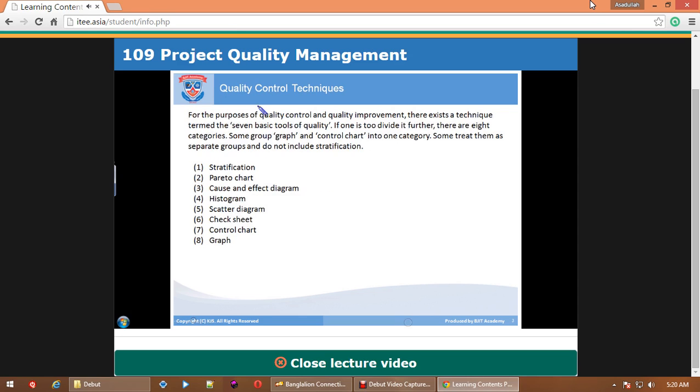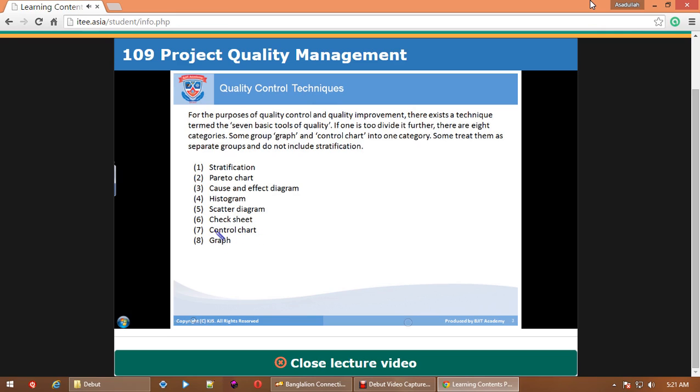Let's first discuss quality control techniques. There are 7 basic tools of quality that we have outlined here. These are stratification, Pareto chart, cause and effect diagram, histogram, scatter diagram, check sheet, control chart, and graph.